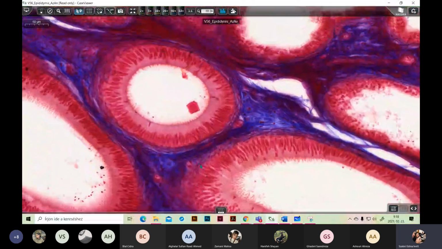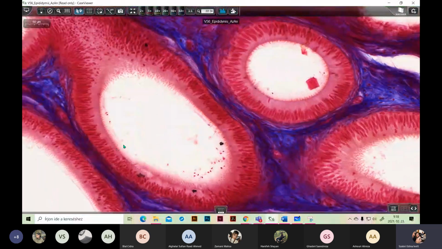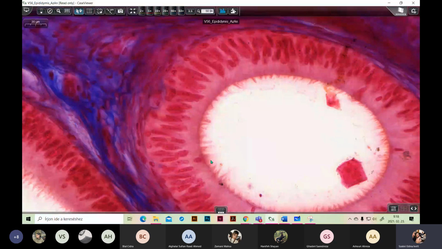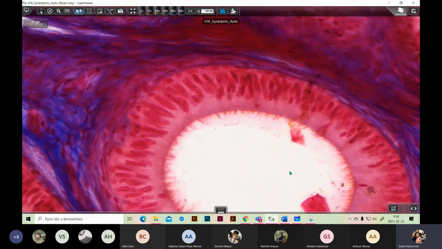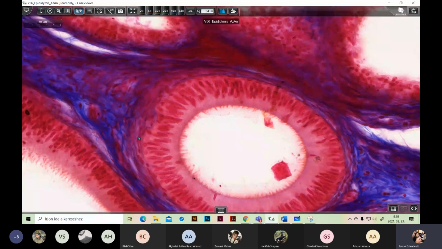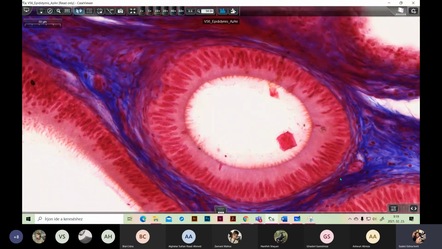Okay, so practice. Let's see. The surface modification. What is the surface modification here? Stereocilia. How do you call this cell? That's a reserve cell. And the function of reserve cell? They are for regeneration. Very good. Which type of cell are around the ducts?